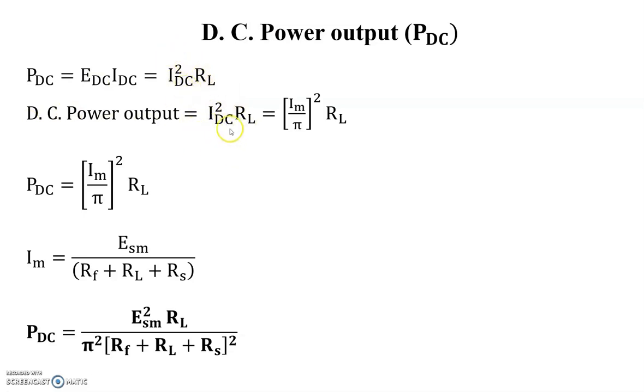You already know IDC, so just substitute and find the PDC. Similarly, Im in terms of voltage and resistance is substituted, and finally we obtain PDC is equal to ESM square RL divided by pi square into RL plus RS whole square.